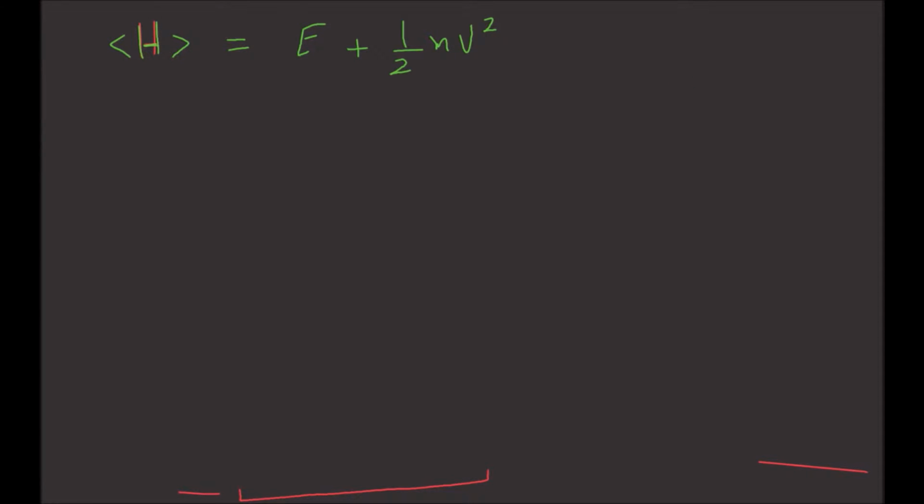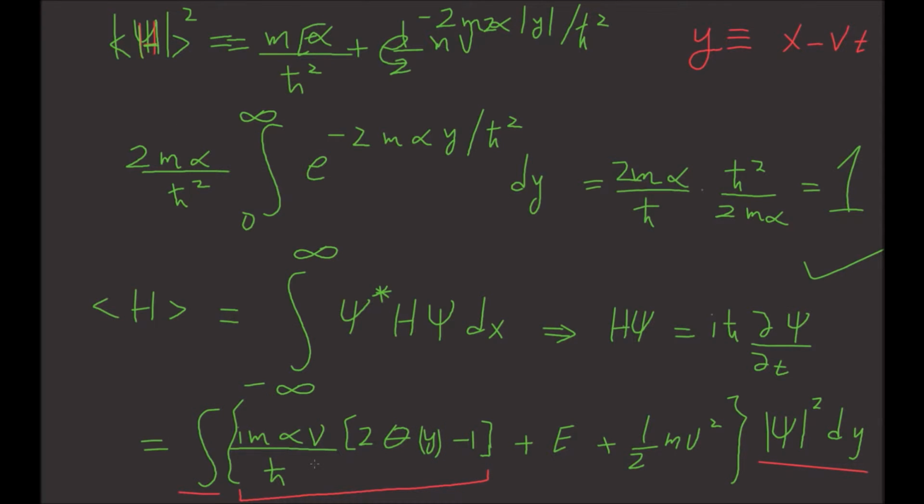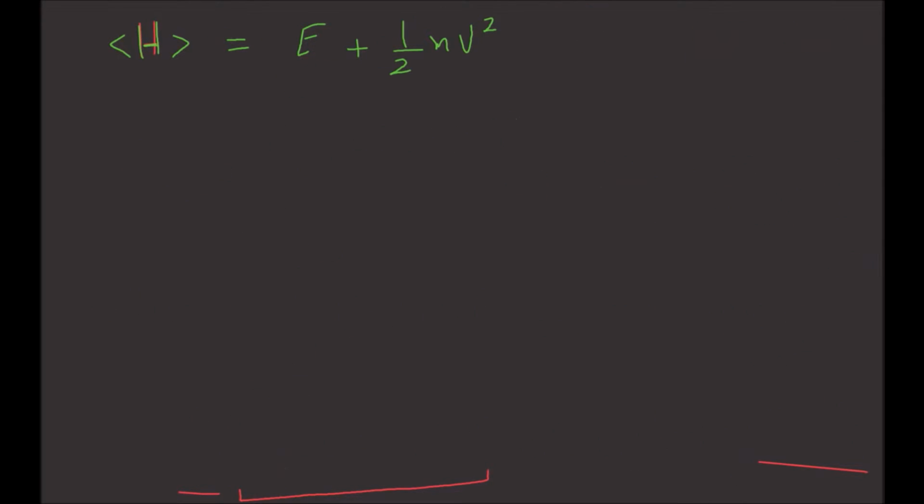Let's talk a little bit about this previous integral. Note that 2 times theta of y minus 1 is an odd function of y. That's why it's 0. Let's comment on the result here.